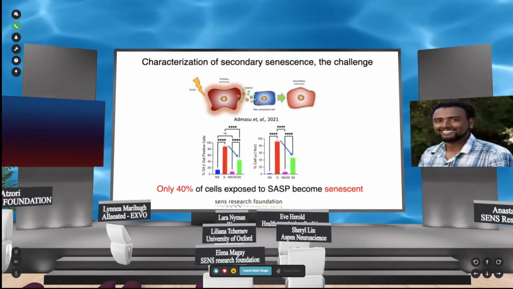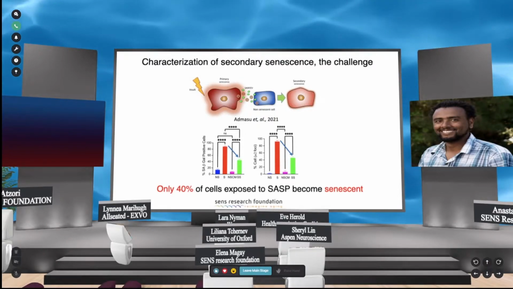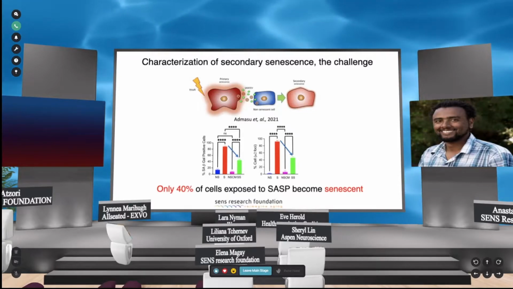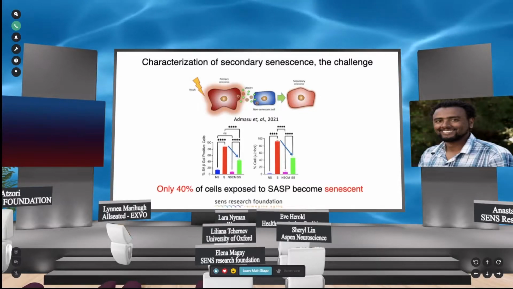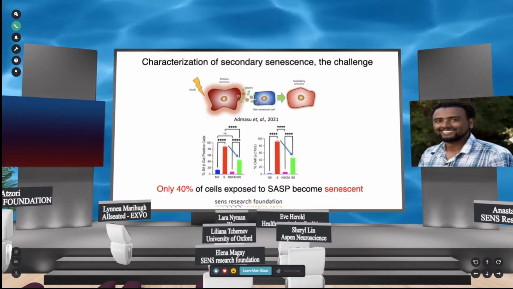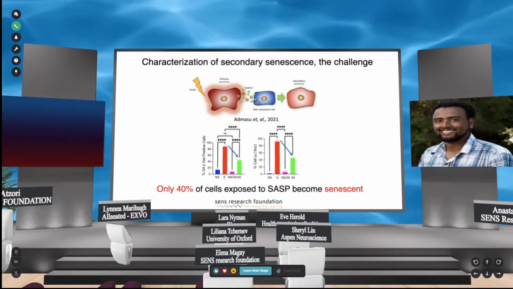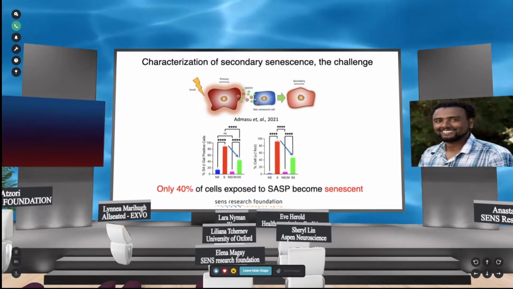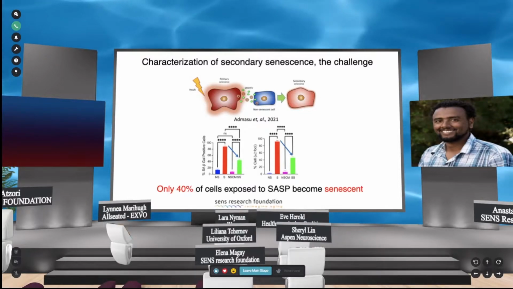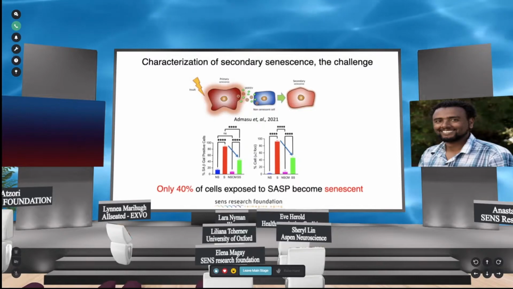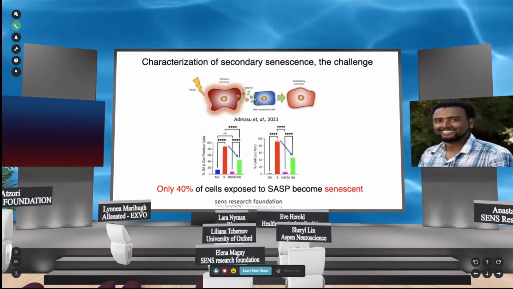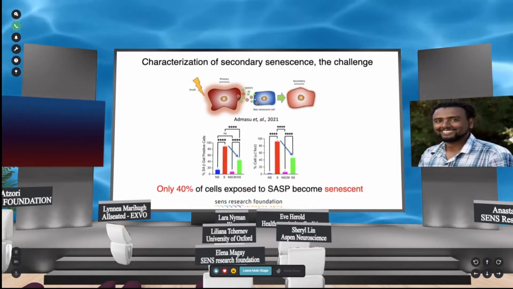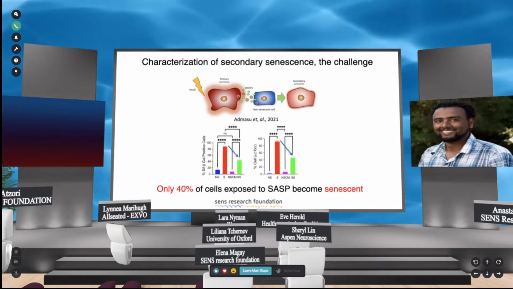Based on multiple markers, doxorubicin treatment leads to more than 90% of cells becoming senescent, whereas the conditioned media from these primary senescent cells leads to only a maximum of 40% senescence based on multiple markers. So in general, the conditioned media or the substance from the primary senescent cells leads to only a maximum of 40%, meaning the remaining 60% are non-senescent cells.